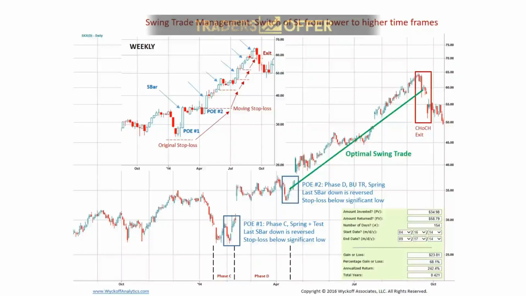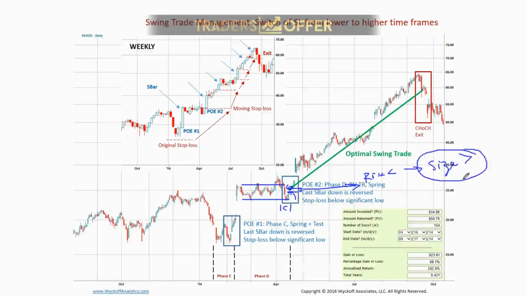So what that creates is, on the intraday, you're creating a situation where the difference between your point of entry, let's say you're entering somewhere here, and you're looking at the daily, and you're identifying phase C, and during, let's say, these days right here, you're creating the point of entry, and the difference between the point of entry and the stop loss is so minimal.